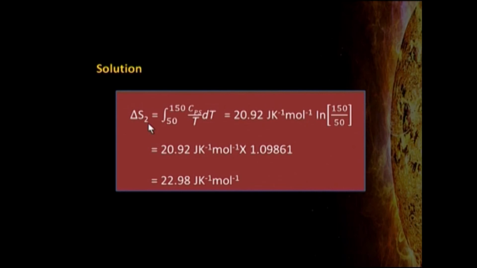Now, delta S2 will be equal to the integral of Cp by T dT within the limits 50 and 150 Kelvin. We will have 20.92 joules per Kelvin per mole natural log of 150 divided by 50. On calculating, we will have delta S2 equal to 22.98 joules per Kelvin per mole.